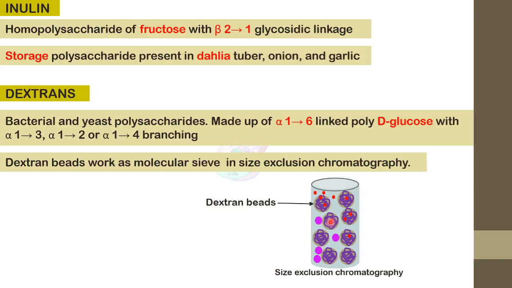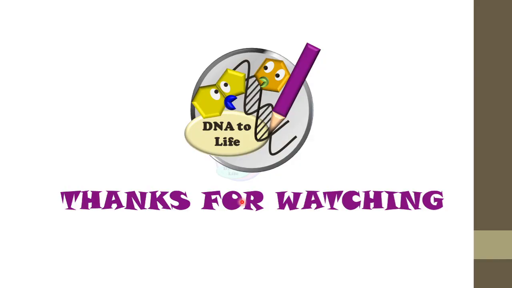Because of that, larger molecules travel faster and we can collect them first, and then smaller molecules come later. So this is the function of dextrin beads in molecular biology. You just need to remember that dextrin is a polysaccharide which is used as a molecular sieve during size exclusion chromatography. This was all about homopolysaccharides.